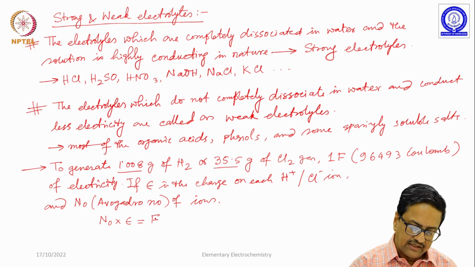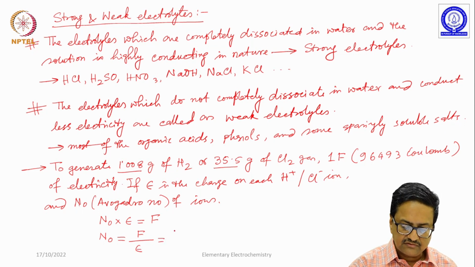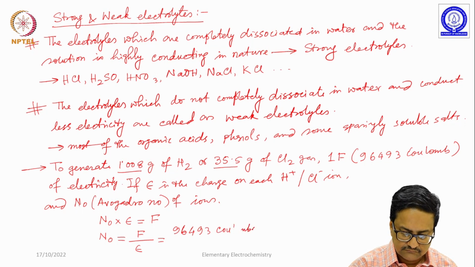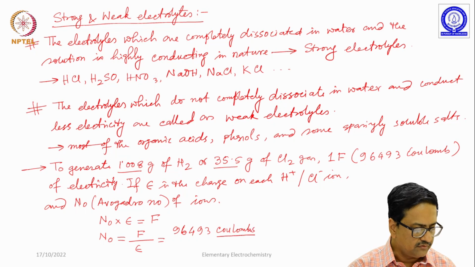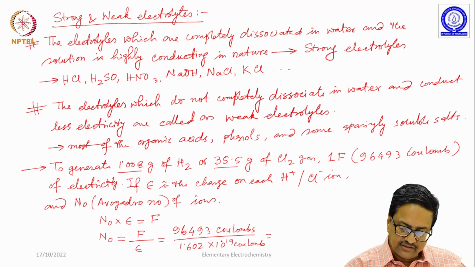So now one can easily calculate the value of N0 by dividing F by the charge of an electron. F is 96493 coulombs and the charge of one electron is 1.602 into 10 to the minus 19 coulomb.